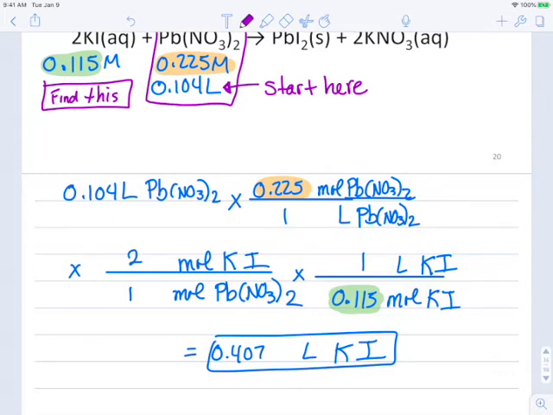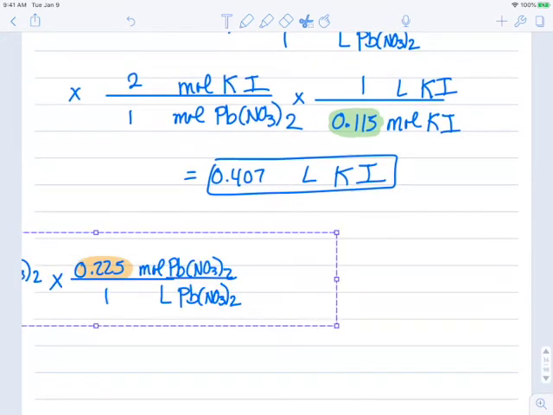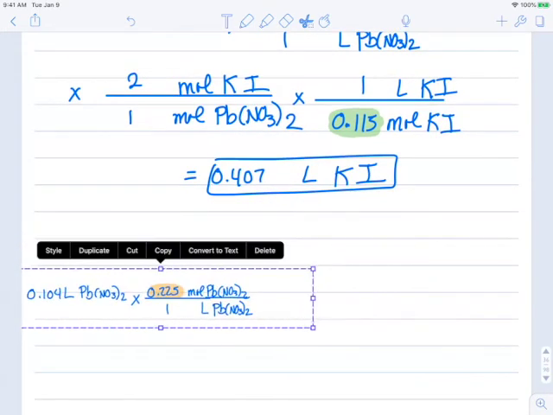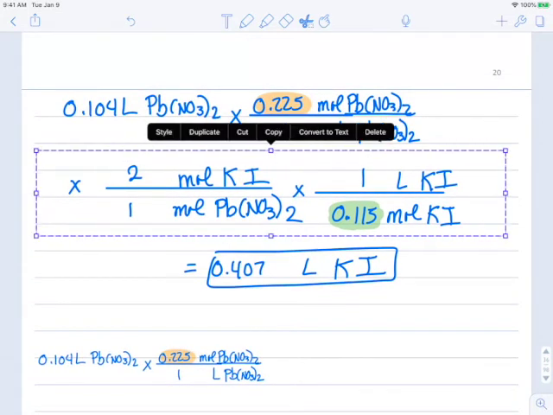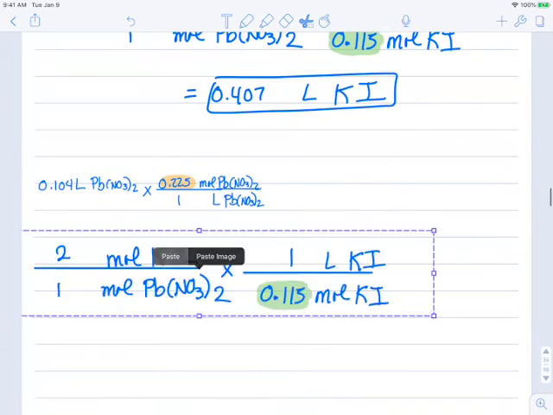So let me write this out the way we did our gram to gram conversion. I'm going to shrink this down. It'll be a little harder to see, but I want to put it all in the same line so you can get an idea of what we're doing.